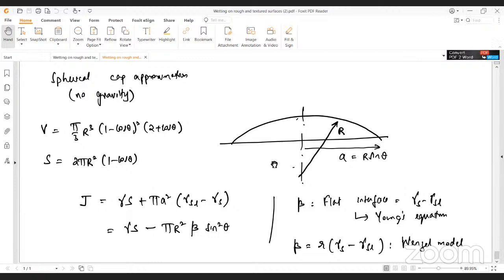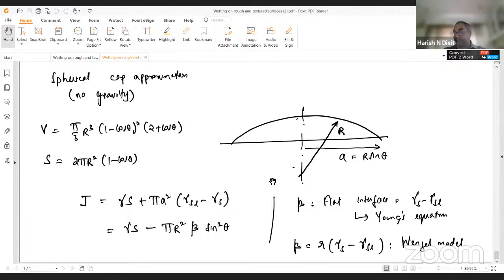Sir, here A equals R sine theta. This is also an approximation, no, sir? This is not an approximation. This is just geometry. This is exact. Here theta means the contact angle, no, sir? Yes.